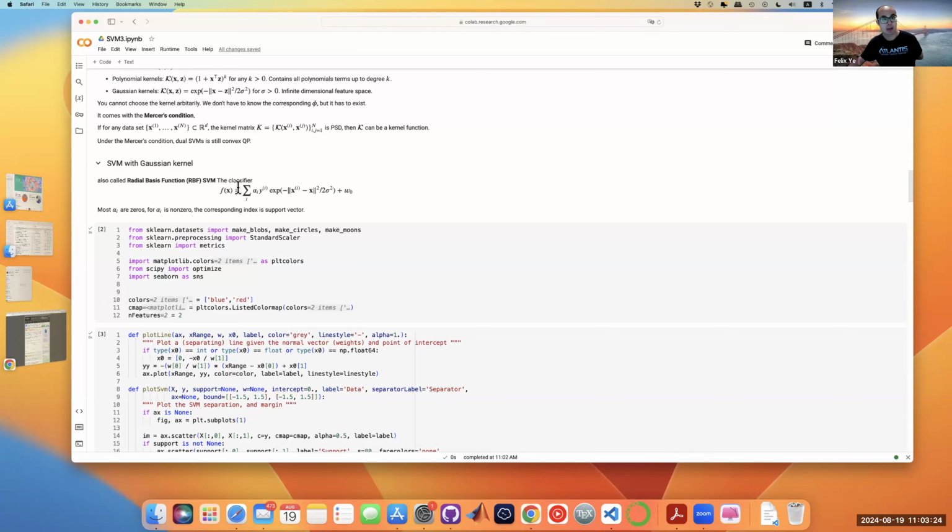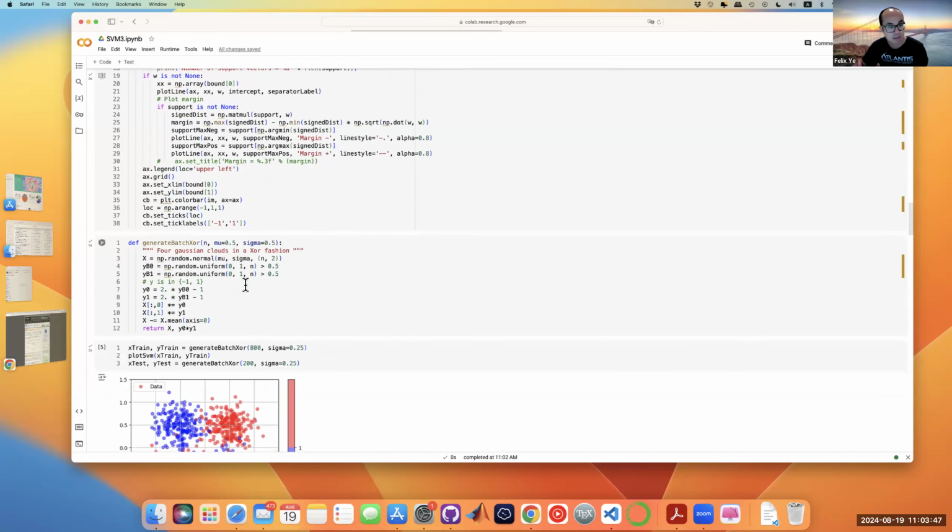If we write everything in terms of alpha, we know most alpha_i should be 0. Those alpha_i that are non-zero correspond to the support vectors that we already talked about in the previous lectures.